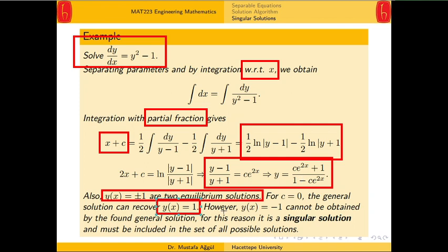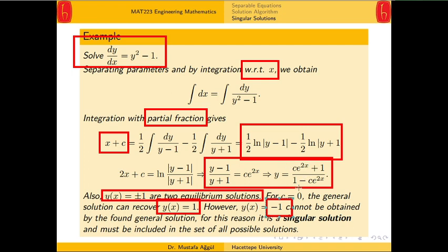For the other one, y of x equals -1, we cannot obtain it from this general solution. You can see that by setting y equal to -1 and trying to find some c. You will see there is no such c which makes y equal to -1. For this reason, -1 is not included in this general solution.